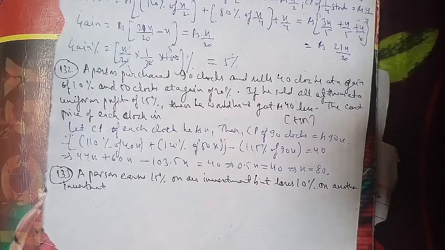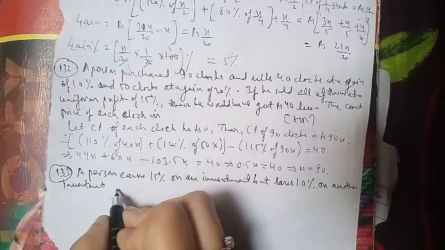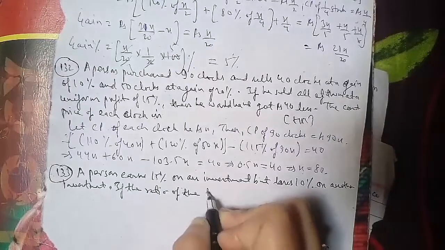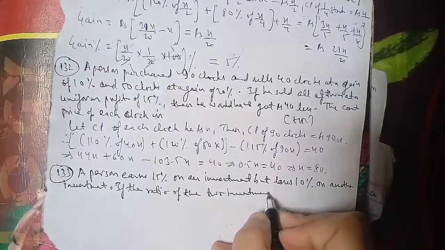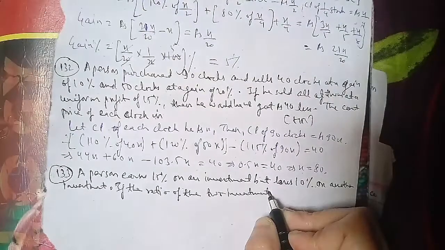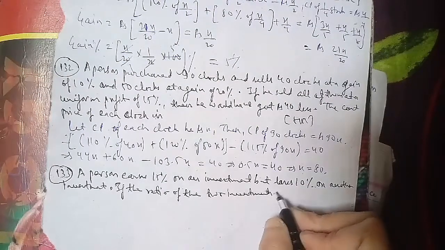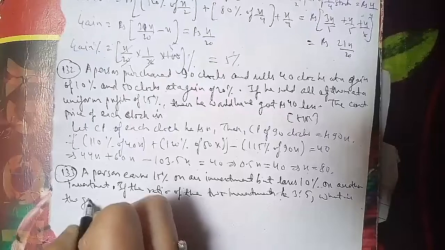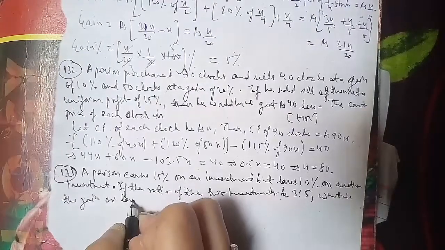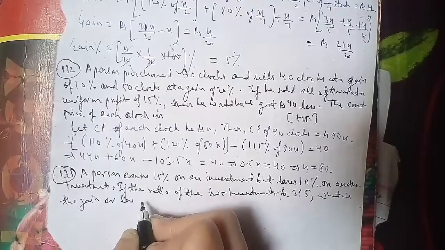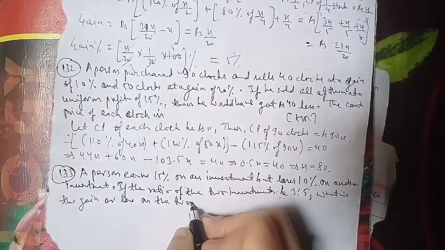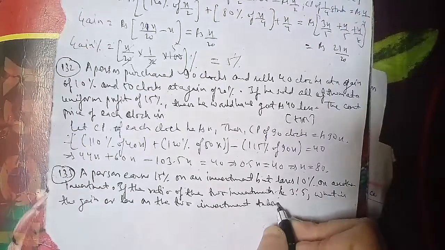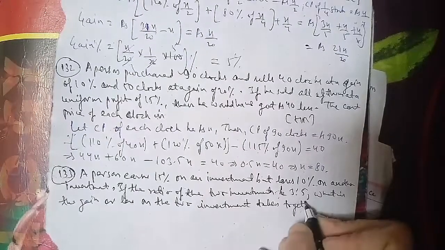If the ratio of the two investments be 3:5, what is the gain or loss on the two investments taken together?